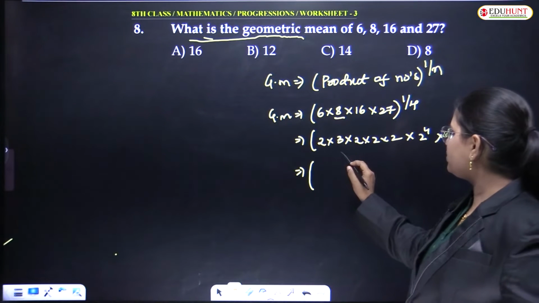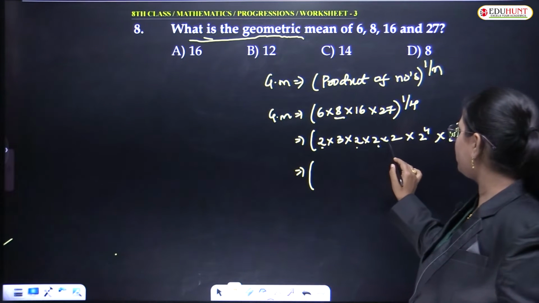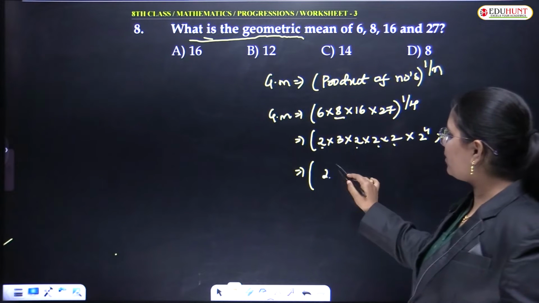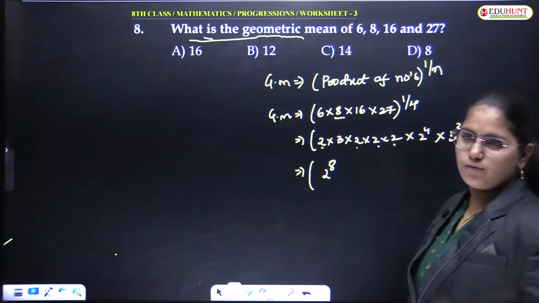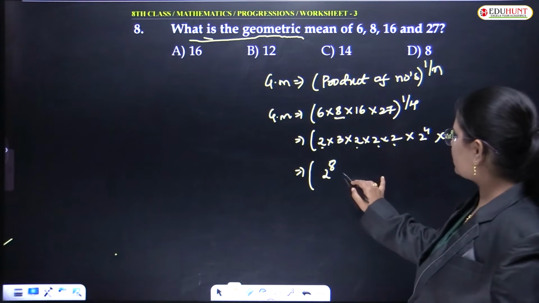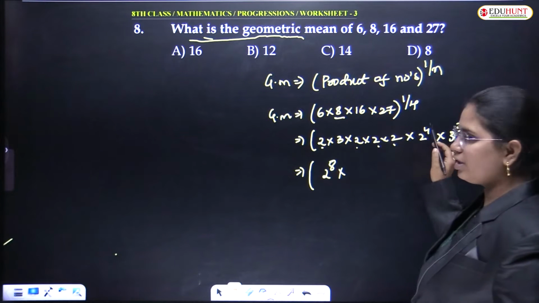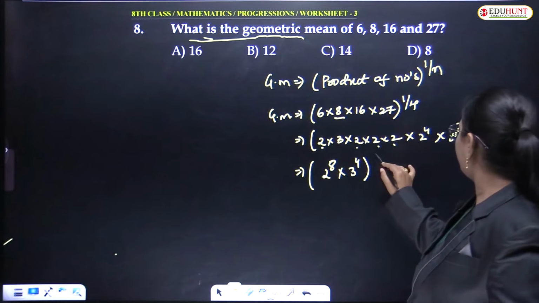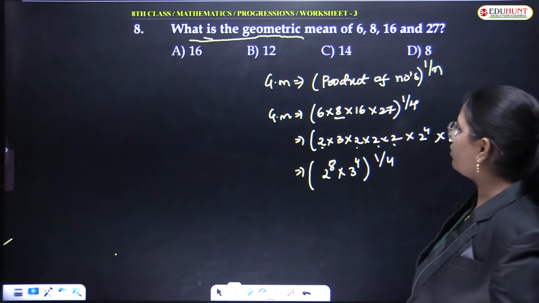Next, how many 2's were there? 2 power 1, 2 power 3 and 2 power 4. Bases are equal, so powers must be added: 1 plus 3 plus 4 is 8. Next, 3 power 1 plus 3 power 3, powers must be added, so it becomes 3 power 4, all to the power of 1 by 4.